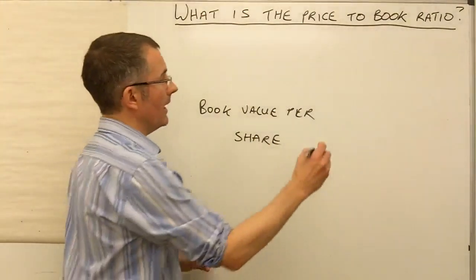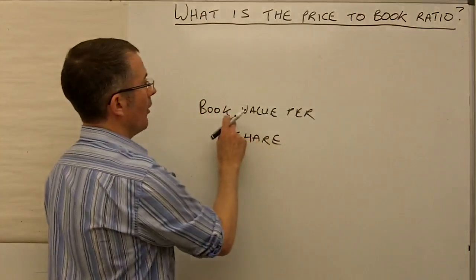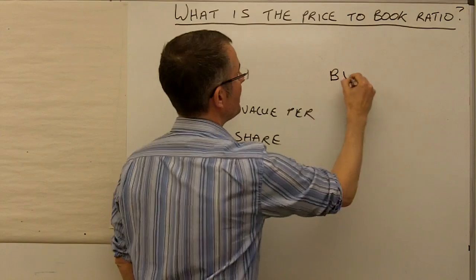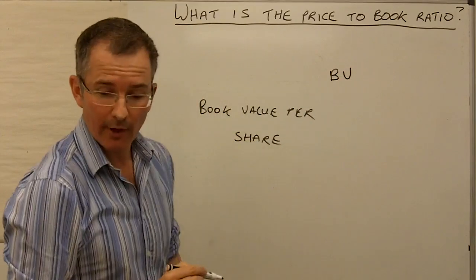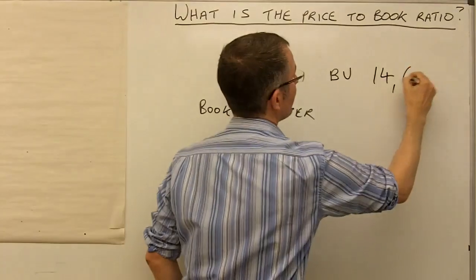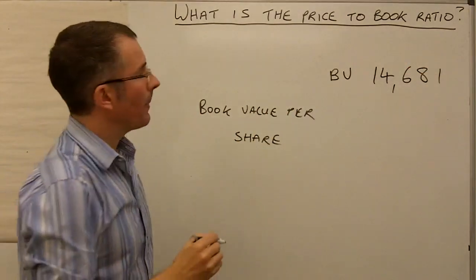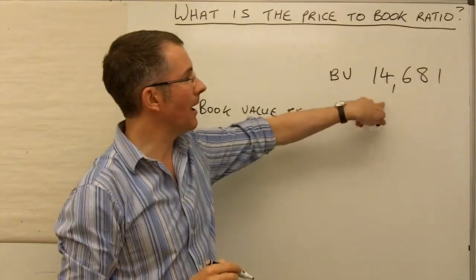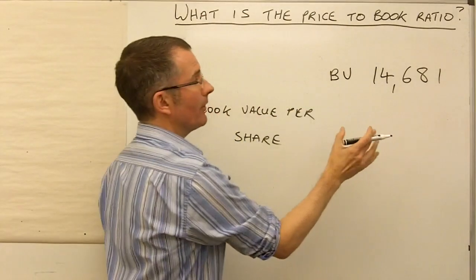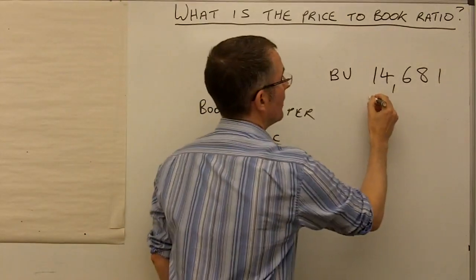So for example, in Tesco's latest accounts in millions, the book value, so I could call that the BV of Tesco's assets, this is in millions, is 14,681. And in terms of number of shares issued, again, all expressed in millions, just to keep it tidy, I've shortened the number a little bit.